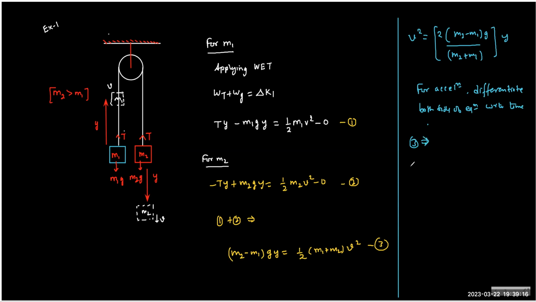If you differentiate with time, the masses are constant, G is constant, so we are not going to disturb them, but for Y we have to write dy by dt. And the RHS will be d by dt of V square. So we write 2V into d by dt, which is the change, right?